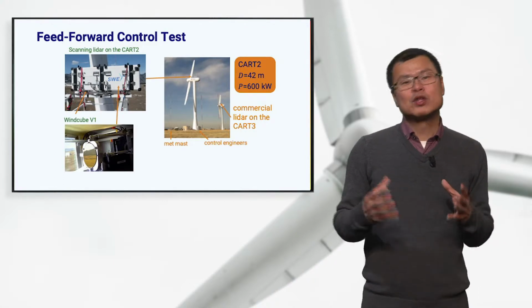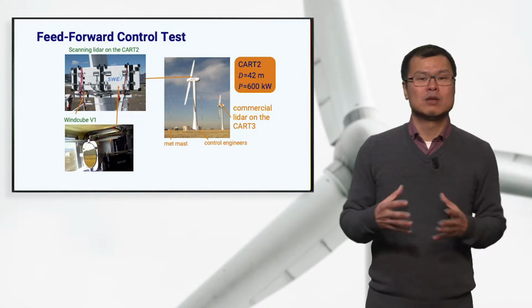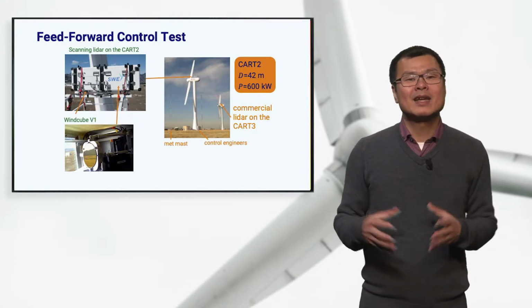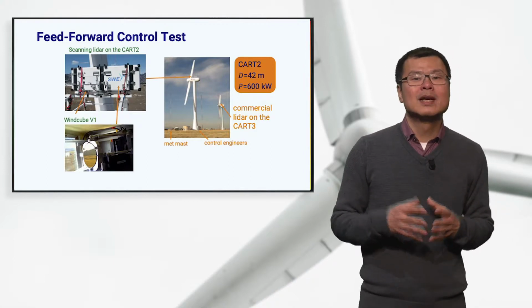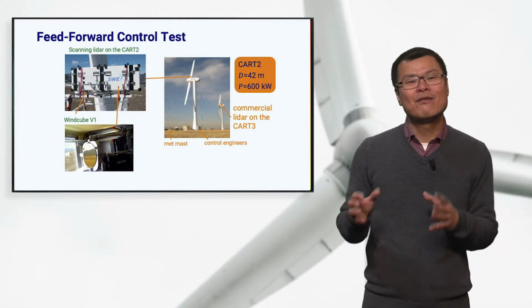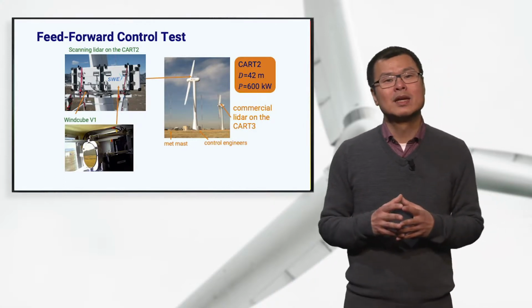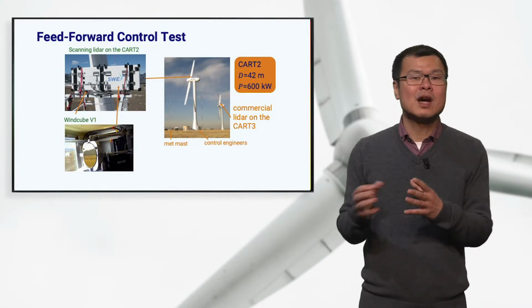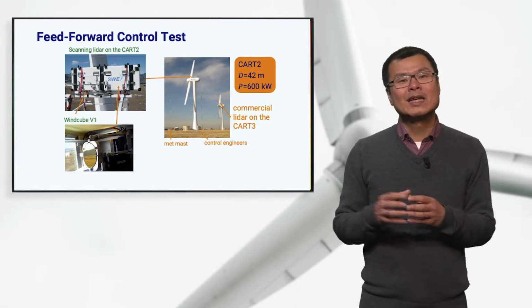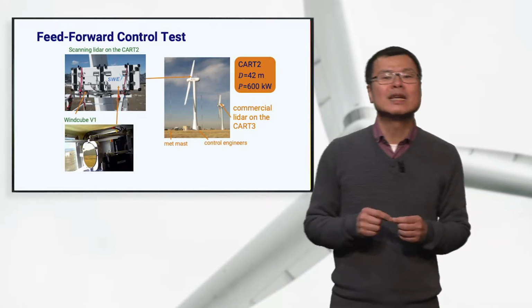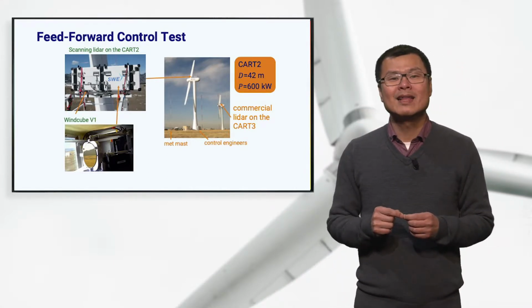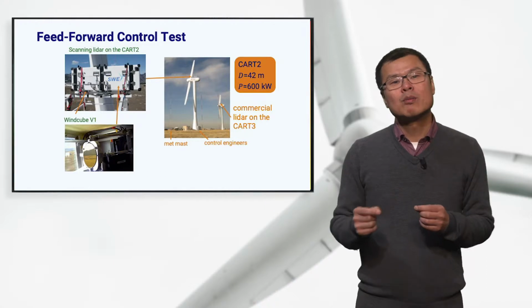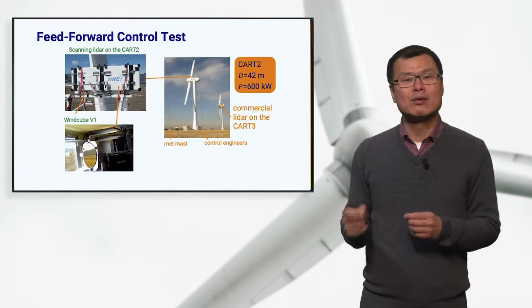Instead of the traditional feedback controller, we can design a feed-forward controller that anticipates the effect of the incoming wind and changes the pitch angle or torque ahead of time. This can lead to significant reductions in the loading of the blade and the tower, as shown by the testing campaign at NREL.